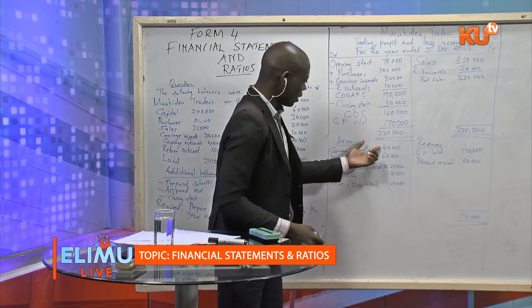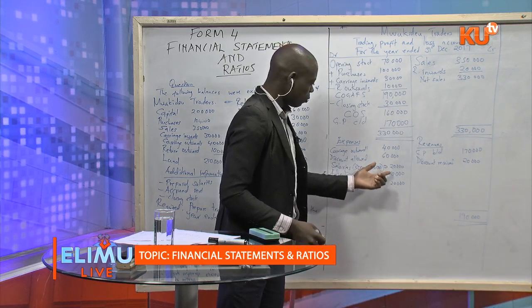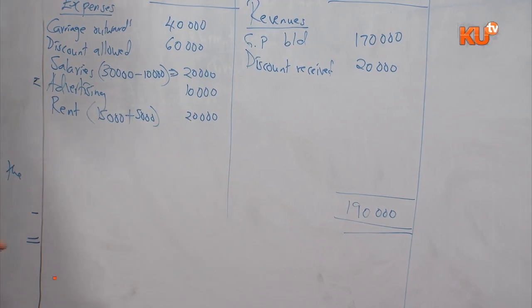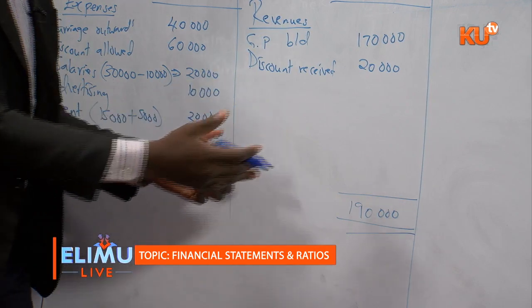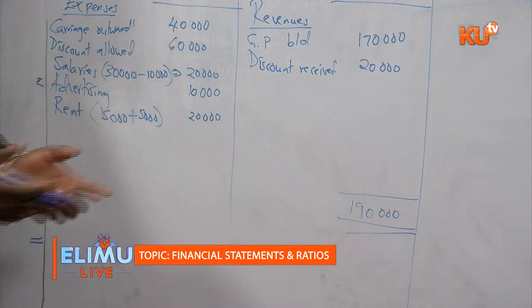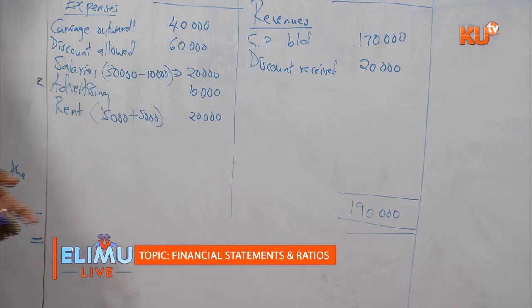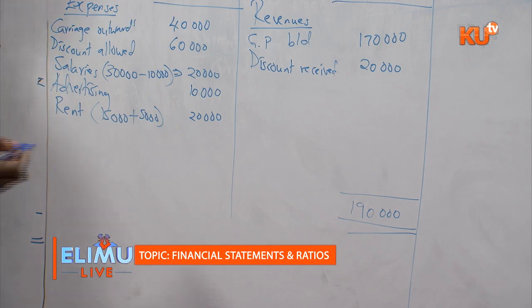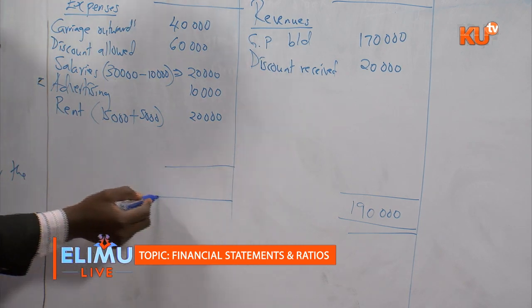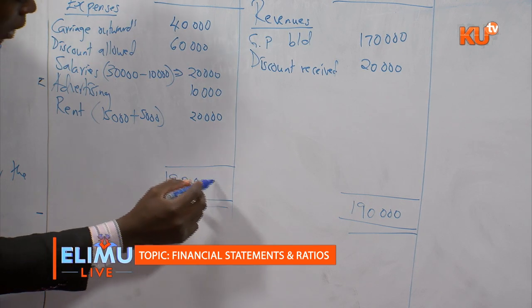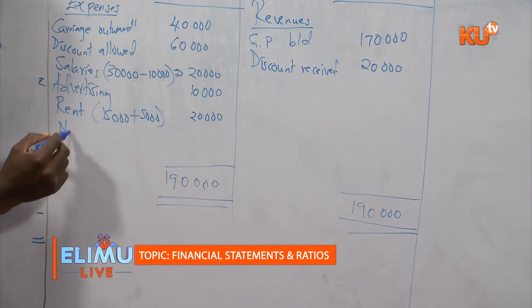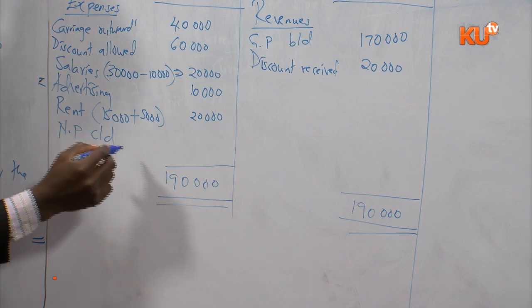And we add the DR side: this is 60, this is 100,000, 120, 130, 150,000. So this side has 150,000, this side has 190,000, meaning you have more incomes than expenses. So definitely you make a profit. That is called net profit. We say that one is called net profit carried down.